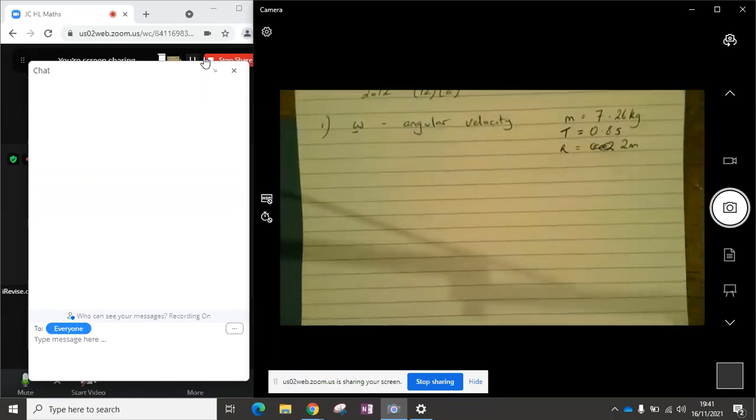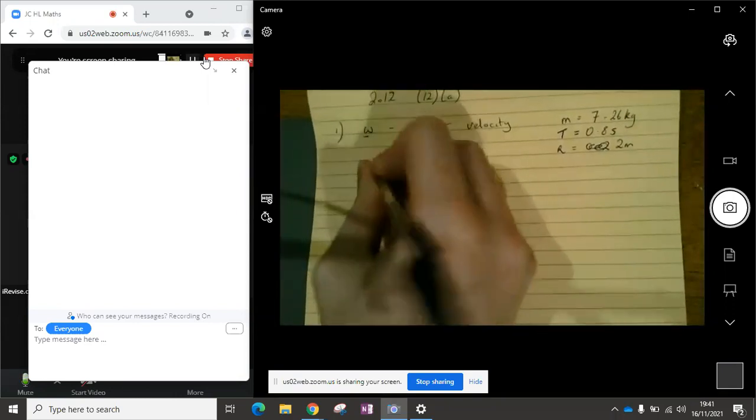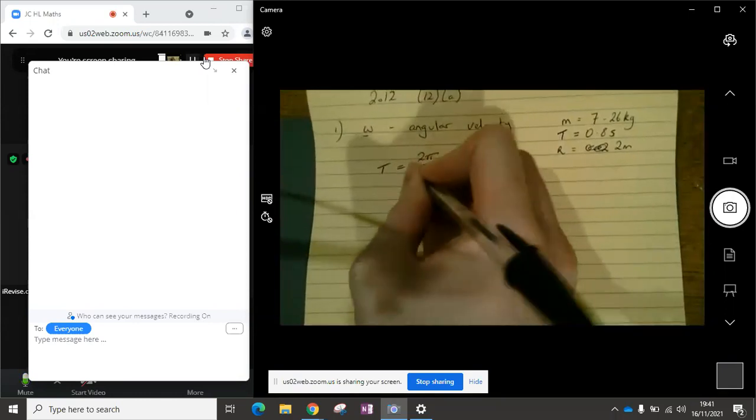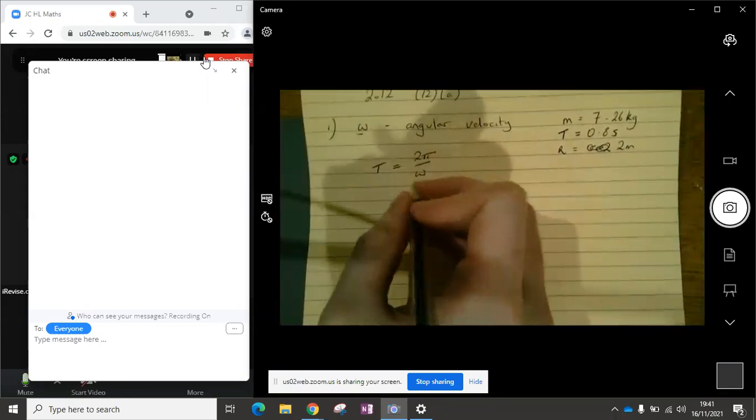Angular velocity is what we're asked for in the first question. The period is equal to 2 pi over angular velocity.